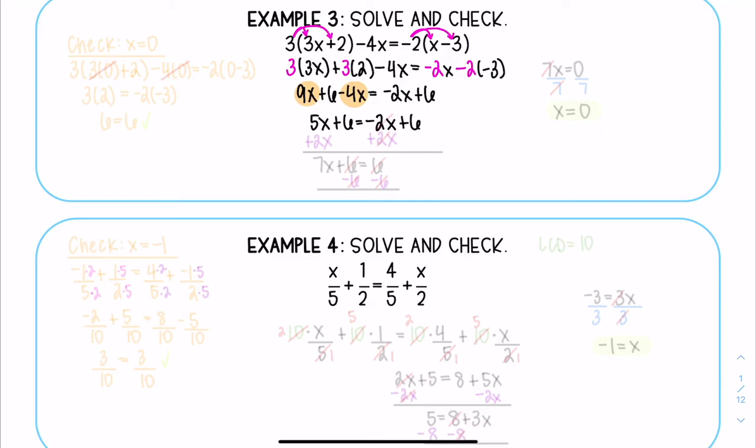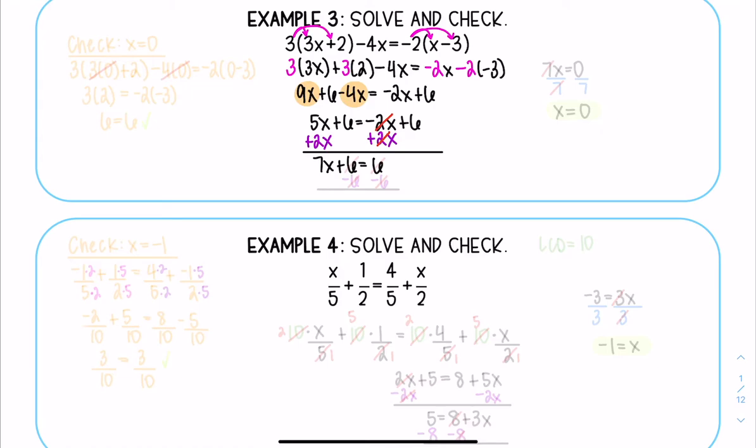And so I am going to add 2x to both sides. And so on the right hand side it ends up canceling. And on the left, we end up with 7x plus 6 equals 6.